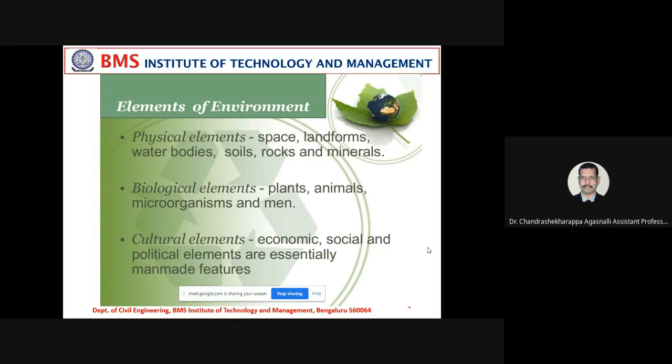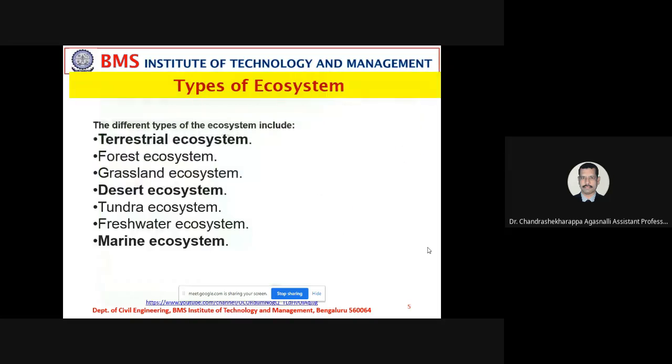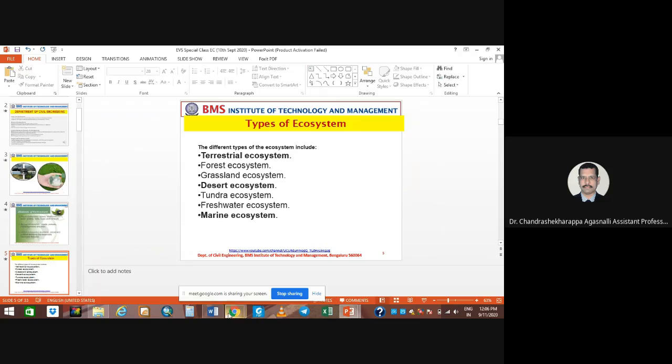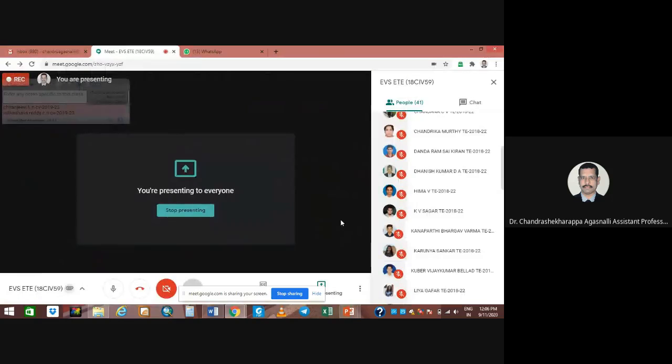So these are all the elements of environment. Let's go step by step, one by one. That's called ecosystem. There are different types of ecosystems.